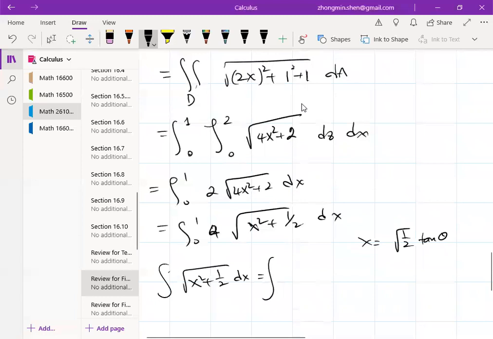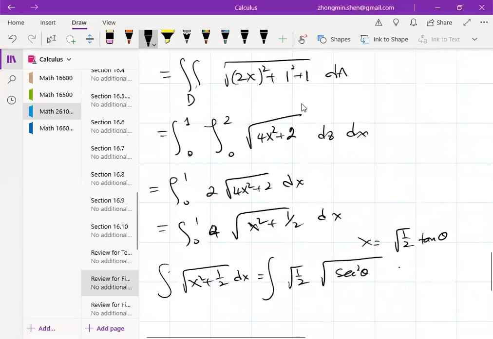So it's going to be square root of 1/2 taken out. The tangent squared plus 1 is going to be secant squared theta.